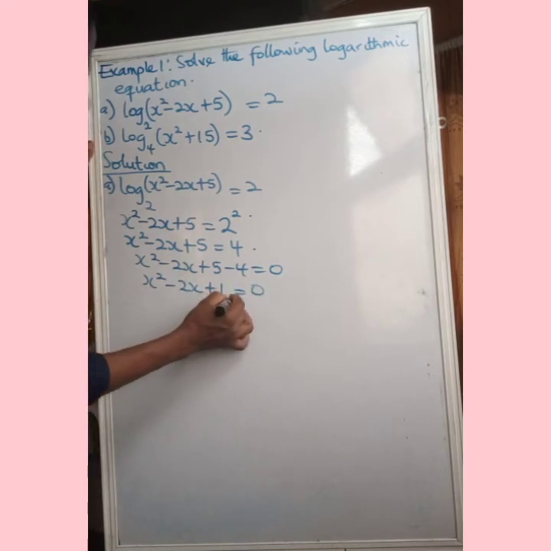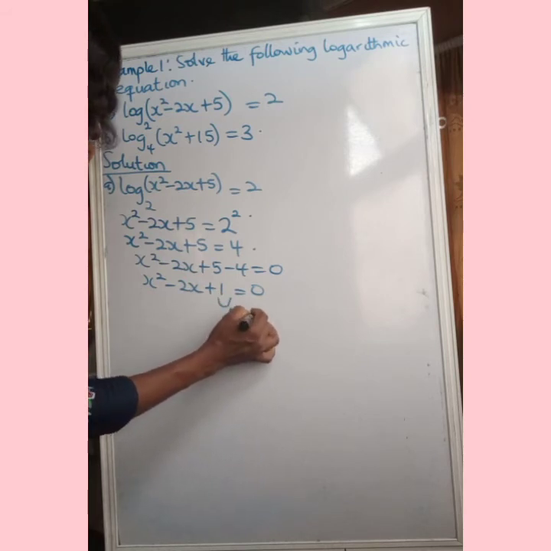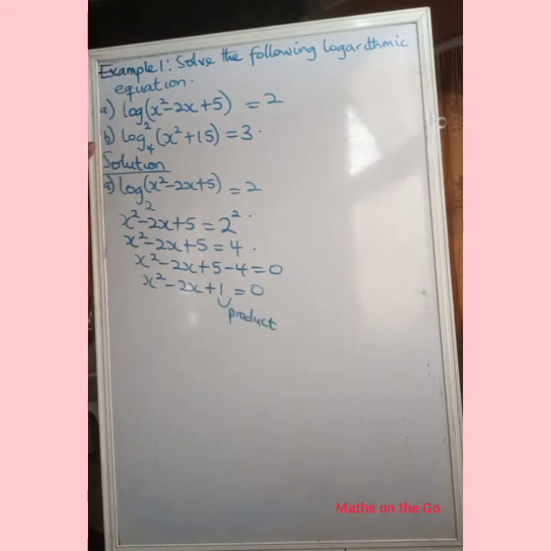Now, this place, we call it the product. This place is the sum. Now, we need two numbers that we can multiply that will give us 1, but when we add them, it will give us minus 2. Forget about the x now. Two numbers that when you multiply give you 1, that's why you are seeing product here.